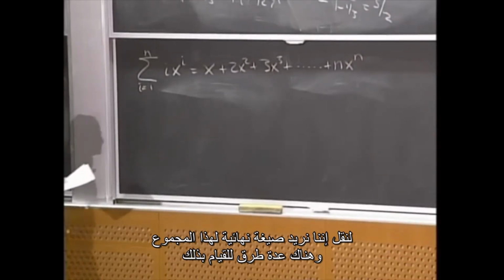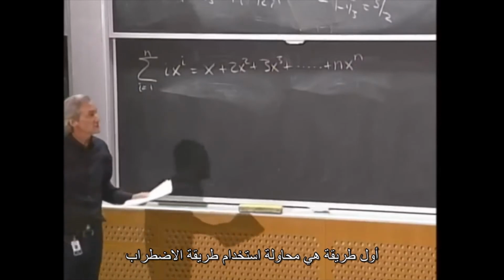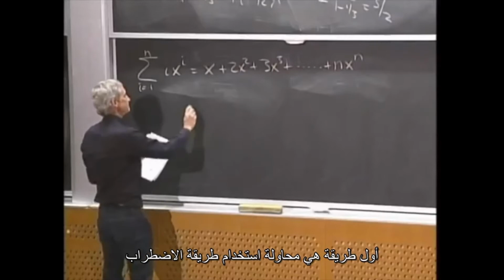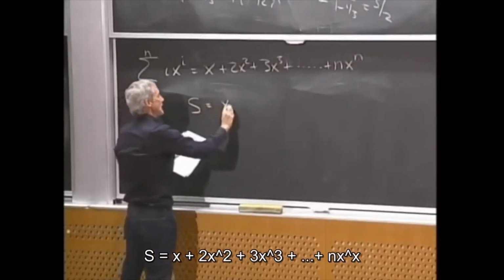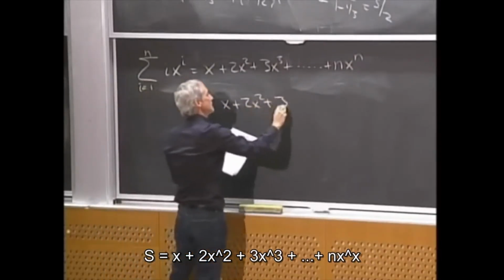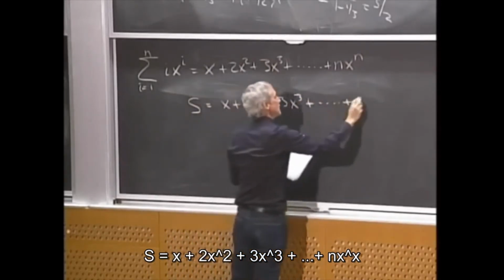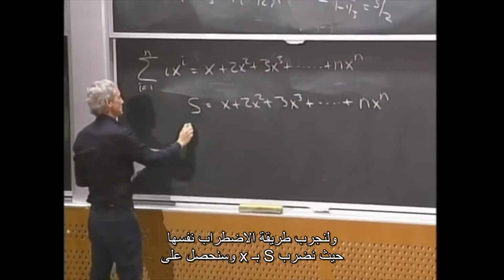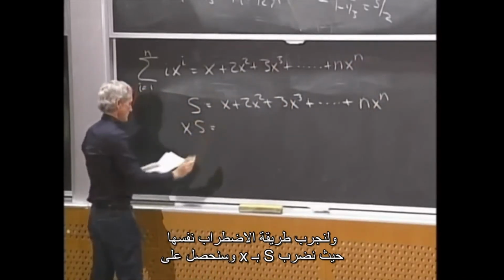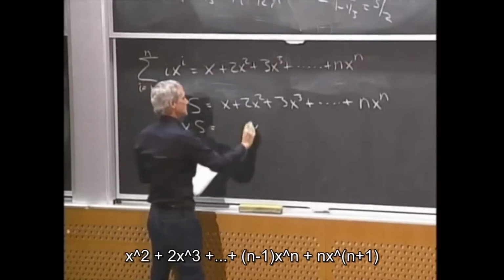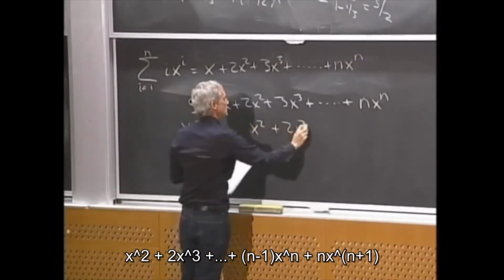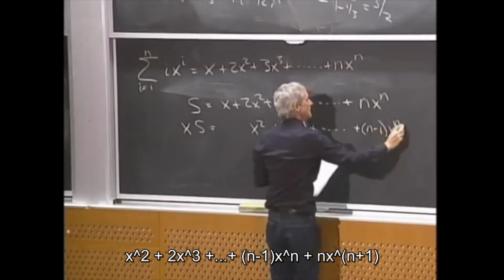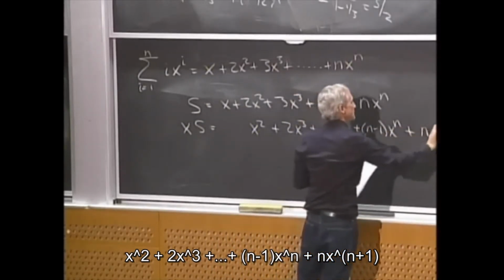There's several ways we can do it. The first would be to try to use the perturbation method. So let's try that. We write s equals x plus 2x squared plus 3x cubed plus up to n x to the n. And let's try the same perturbation. Multiply by x. I get x squared plus 2x cubed plus up to n minus 1 x to the n plus n x to the n plus 1.